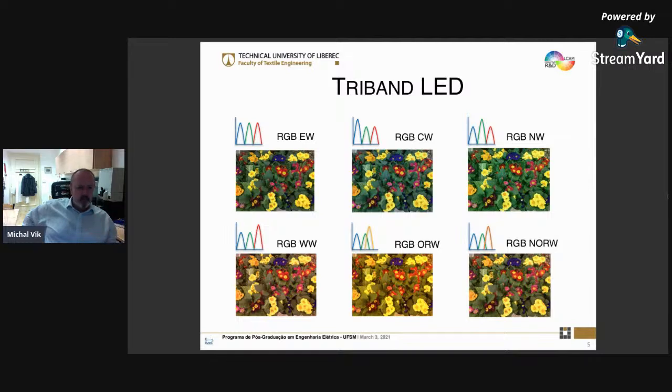If I use RGB LEDs with almost neutral color, or neutral white, or more cool white, a little bit warm white, or some specific modification caused by a shift of the band emitted from the LEDs, you can see that the same scene will appear strongly different.